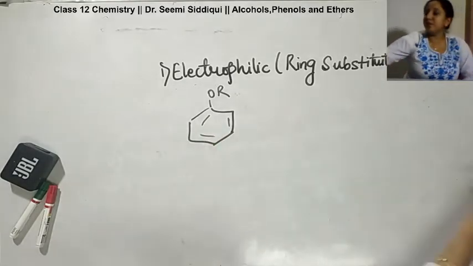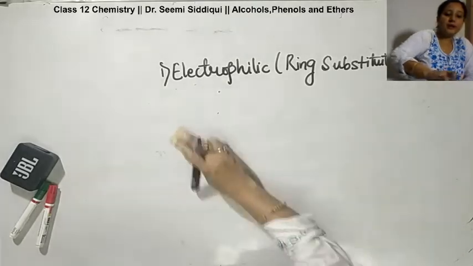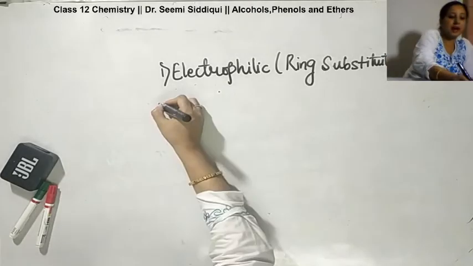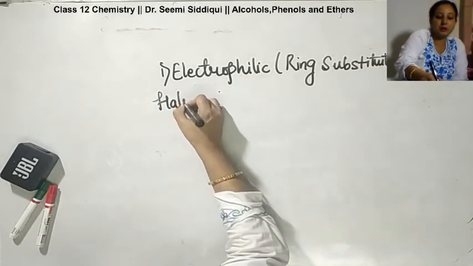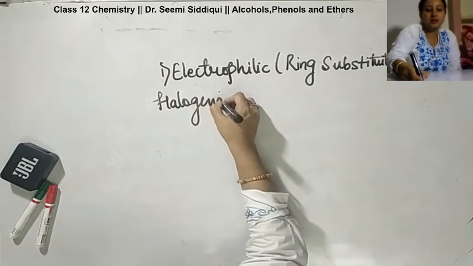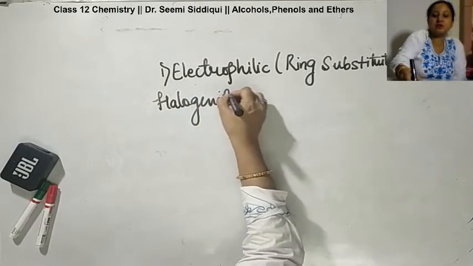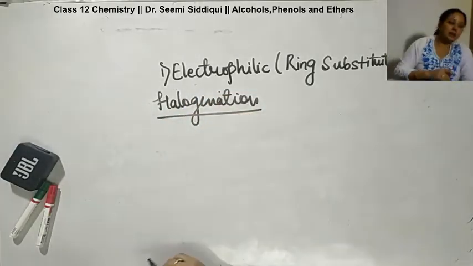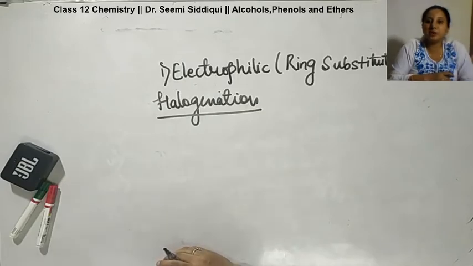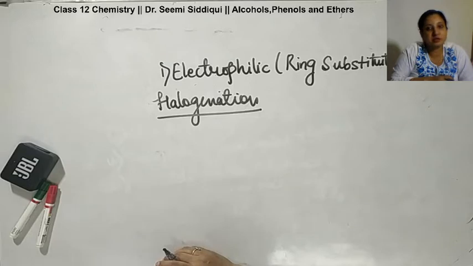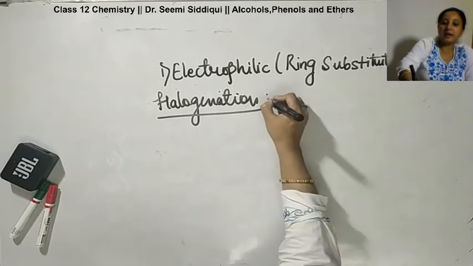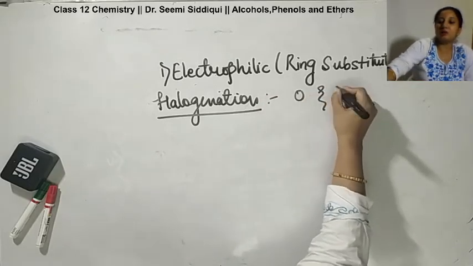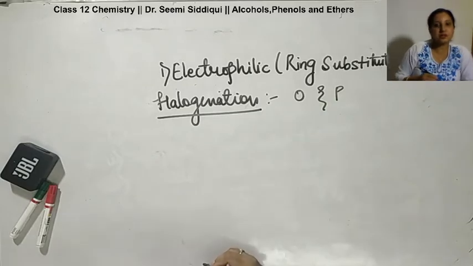Now, what did we do? We did the halogenation reaction, in which we made it react with Br2 in the presence of concentrated H2SO4, and we get a product at the ortho and para position.